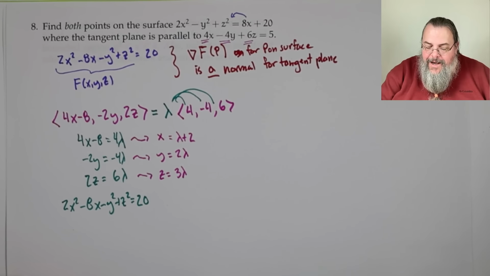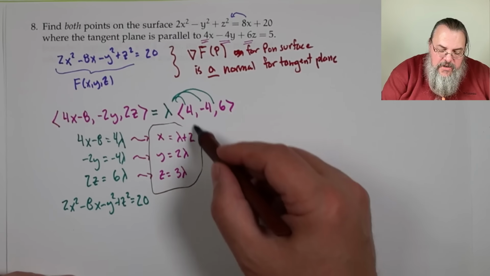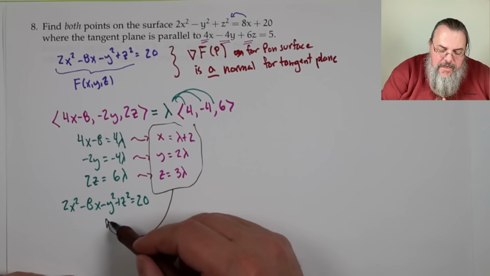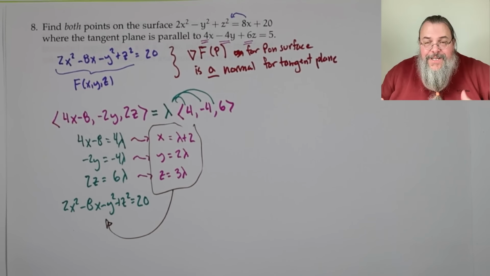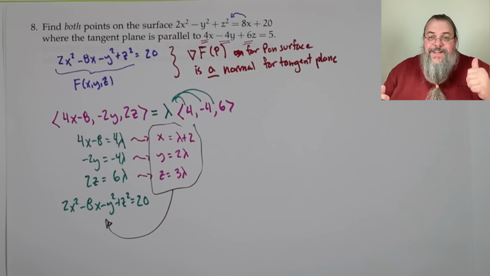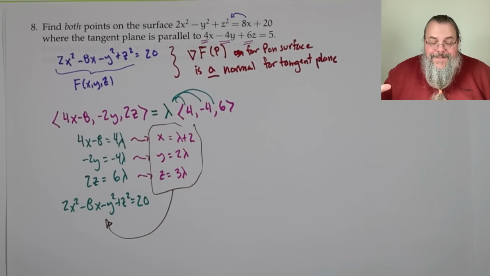And we say, idea: what if we take this information here and plug it into our surface? Then we get one equation and one variable, lambda. Once we solve for lambda, we're done.